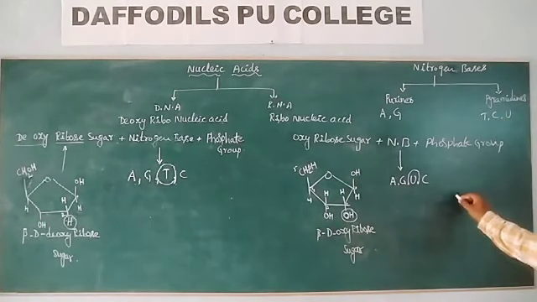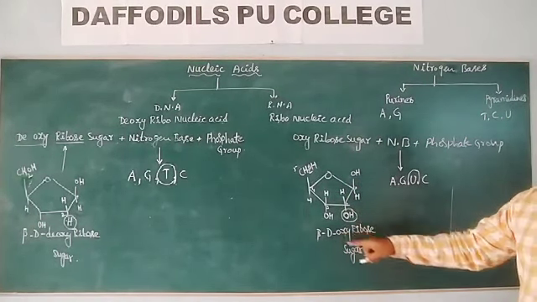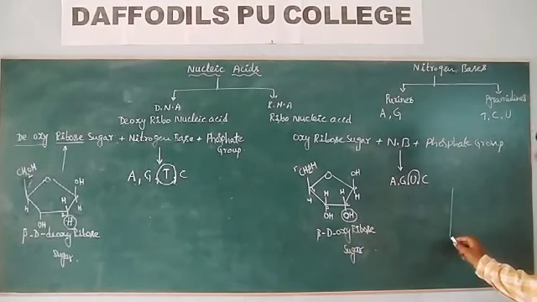In Fischer projection, if you want to draw this ribose sugar, it appears like this: CH2OH.